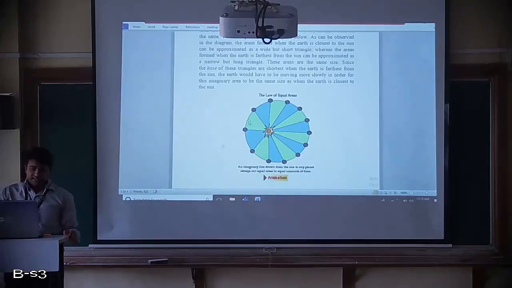These are the imaginary lines drawn from the sun to any planet. For example, you take this point, initially the planet is here. After some 30 or 31 days, it has moved from this place to this place. So now it is sweeping out area.